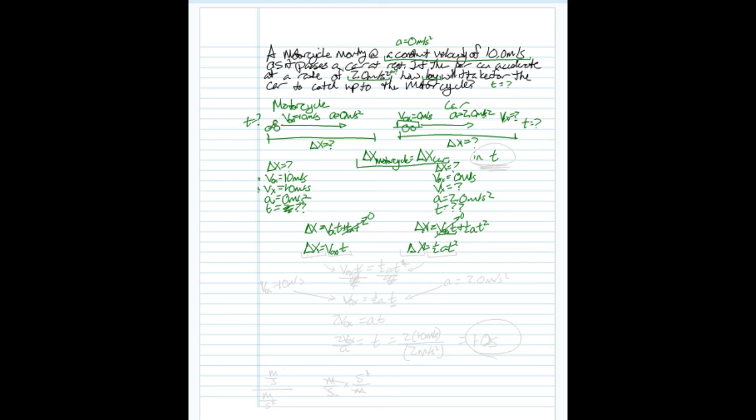Now, remember, we're trying to figure out how long it takes the car to catch up to the motorcycle. We're trying to find when these two delta x's are the same. So I'm going to set them equal. If I set these two delta x's equal, that means the other sides of their equalities have to be equal. Again, left side is all motorcycle, right side is all car.